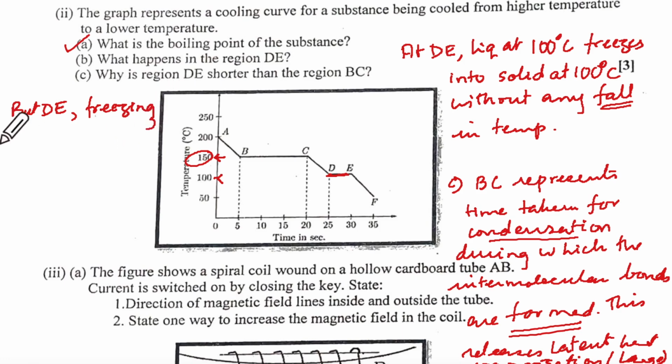I'm writing in short, freezing, which is the keyword. Intermolecular bonds are tightened. See, if it was melting, then they are loosened, right? So here you will say the opposite, loosened means tightened. Understanding?